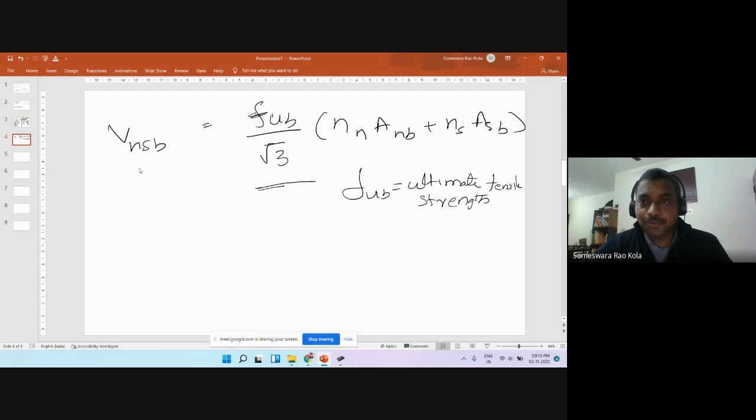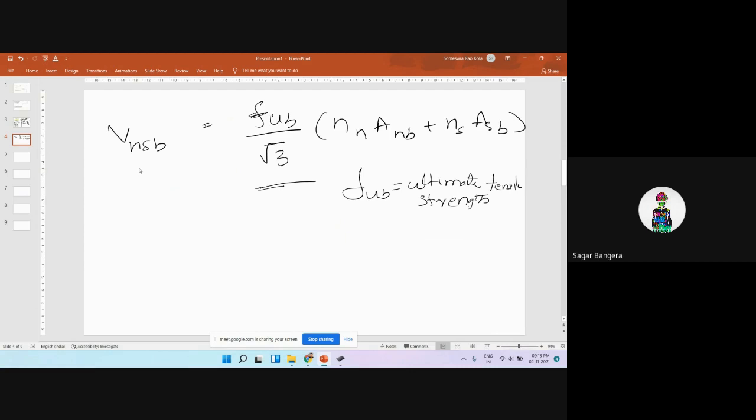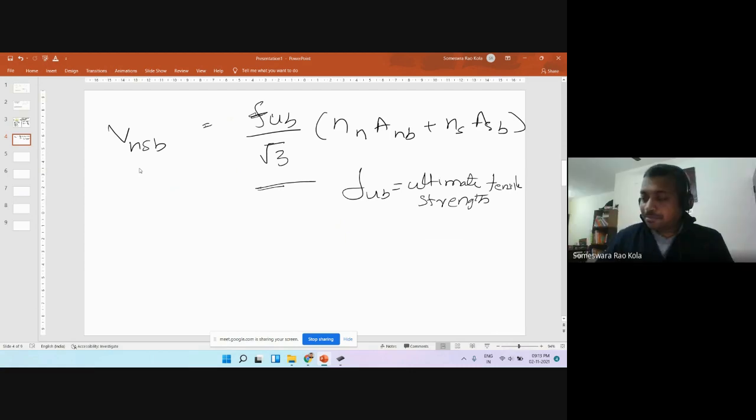When you get the stress strain diagram from UTM testing, in actual testing, the highest point is that FUB. As we said, shear strength is always going to be less than the tensile strength, so we are taking a factor of root 3 to get the shear strength. So this FUB by root 3 is some kind of shear strength of the material. Are you with me? Yes, sir.